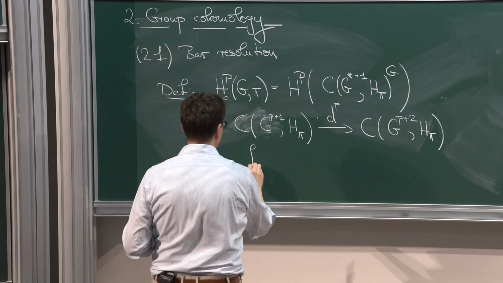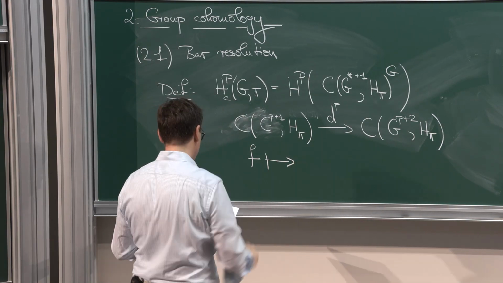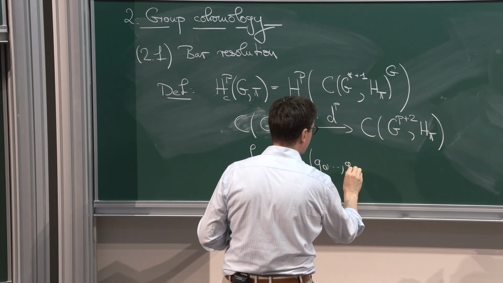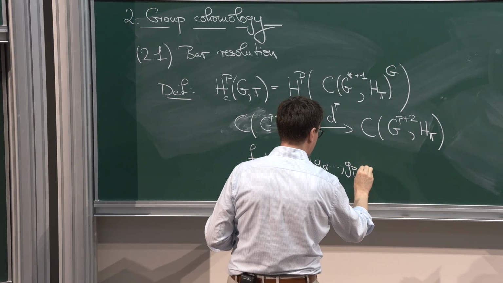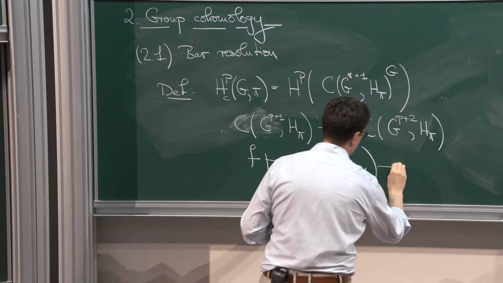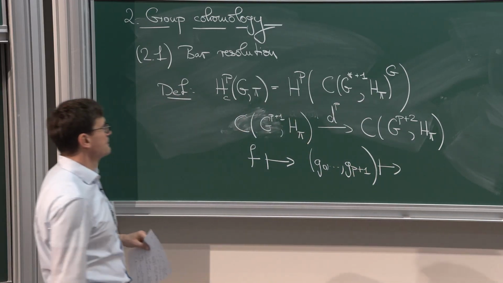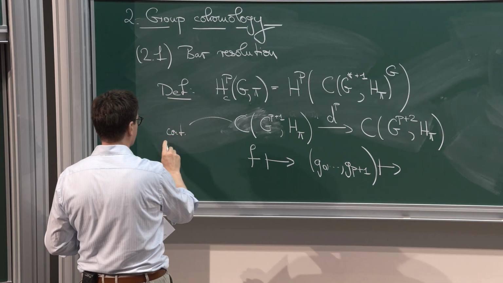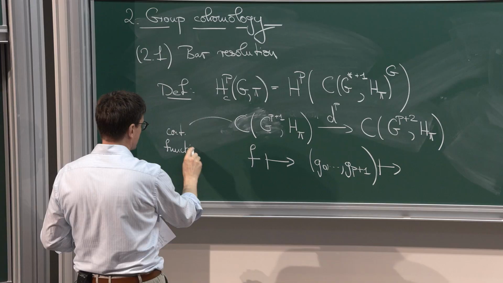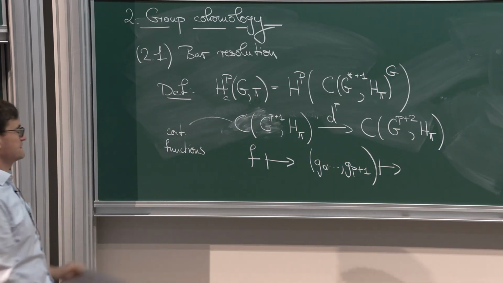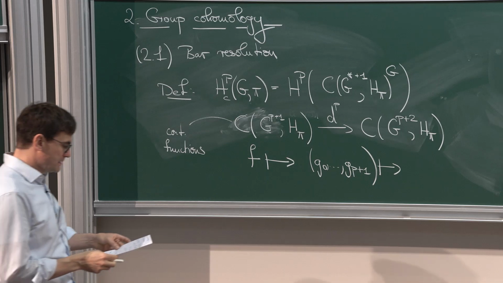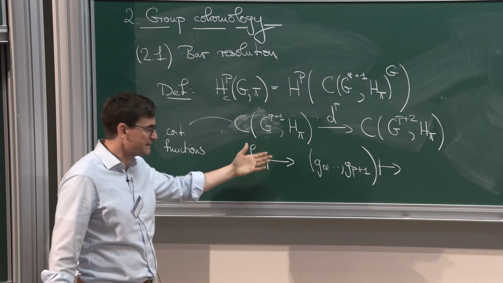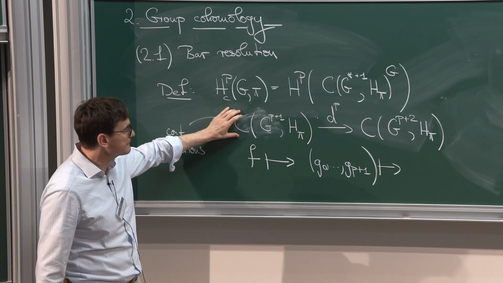And it's the usual homogeneous differential and homogeneous bar resolution. Yes, C stands for continuous function. So these are continuous functions. The topology is the topology of uniform convergence on compact sets in this function space.